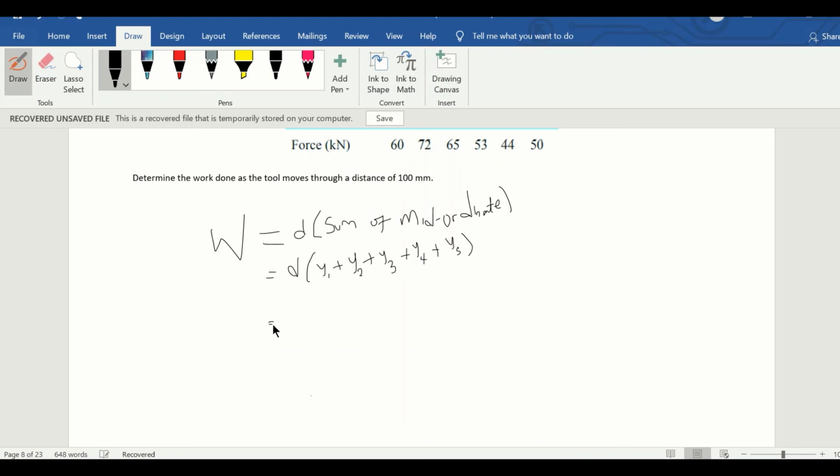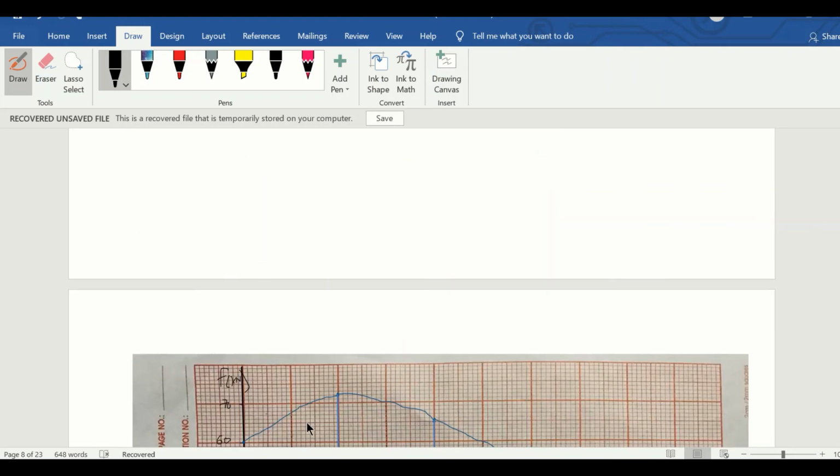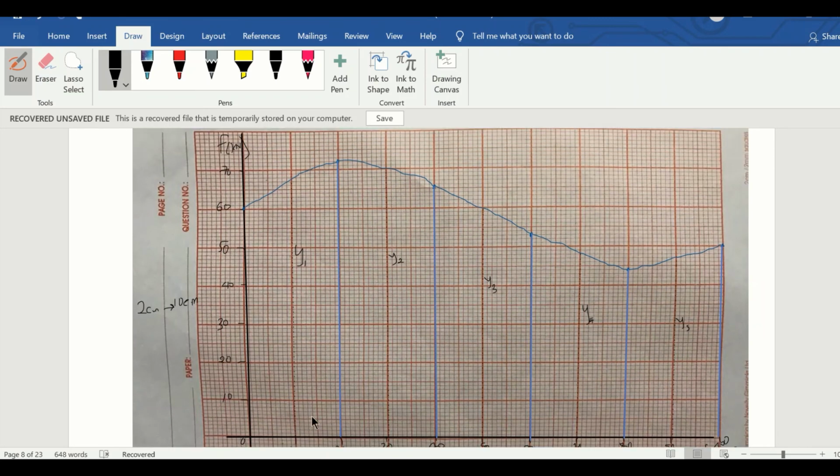If you don't mind, we convert 20 millimeters to meters. That gives us 0.02. Because our distance was given in millimeters, I have to convert my 20 millimeters to meters, and I got 0.02 meters.